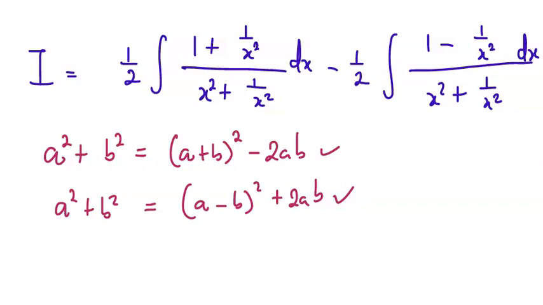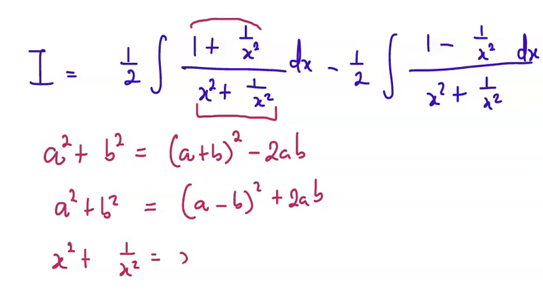We know at the numerator here, as we can see, we have 1 plus 1 all over x squared. So if you think about expressing this denominator in this form as the first one, let's see what happens. We have x squared plus 1 over x squared, which is the same as x squared plus 1 over x whole squared.